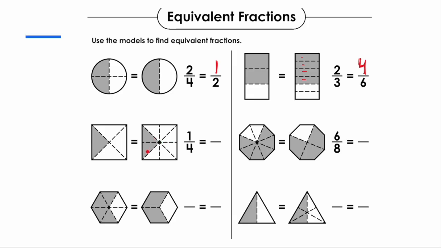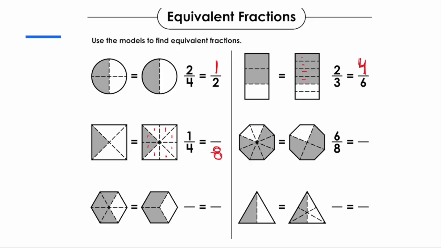So I'm going to count all of these pieces, and I'm going to take my time and put a little dot as I go. 1, 2, 3, 4, 5, 6, 7, 8. There are 8 total pieces. That's our denominator, folks. 8 total pieces.